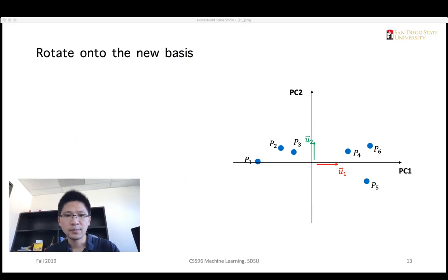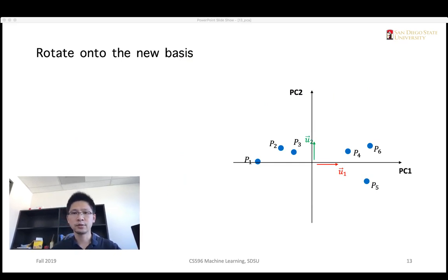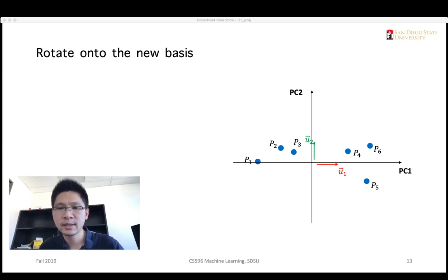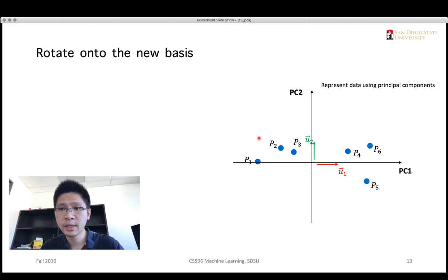So given PC1 and PC2, what we can do to the normalized data points is to rotate our 6 data points onto the new basis, U1 and U2. Now we are using PC1 as our x-axis and PC2 as our new y-axis, instead of the original x1 tilde and x2 tilde. If we represent the data using these principal components, the data have better resolution along PC1, because the total variance along PC1 is maximized.